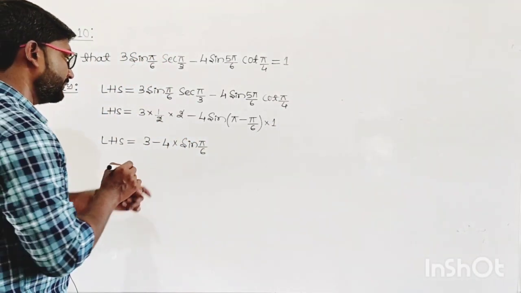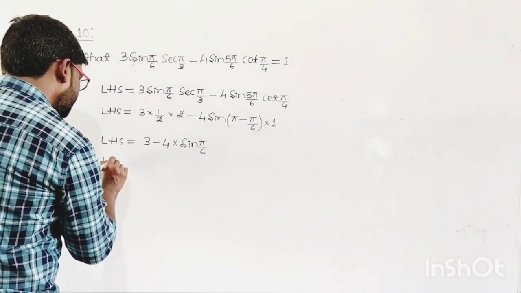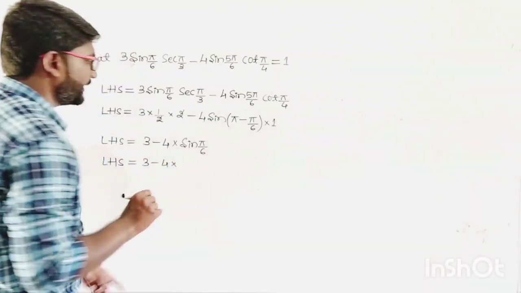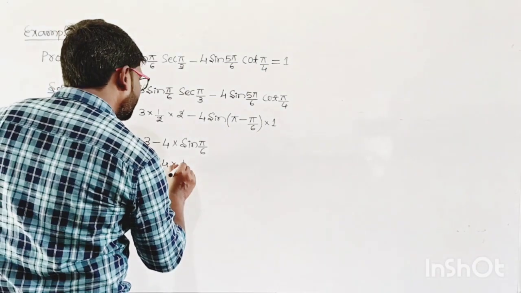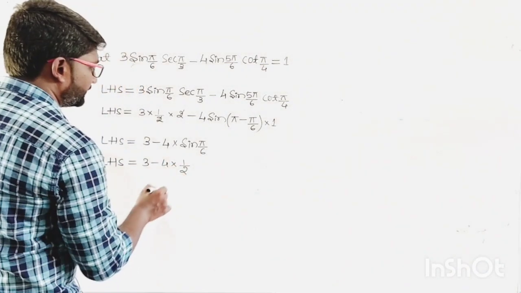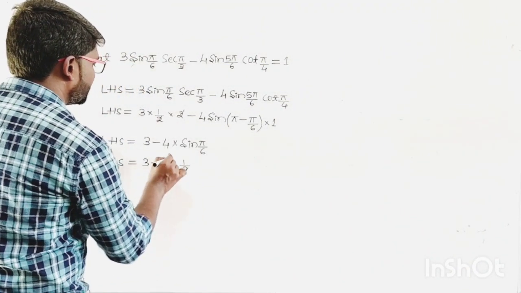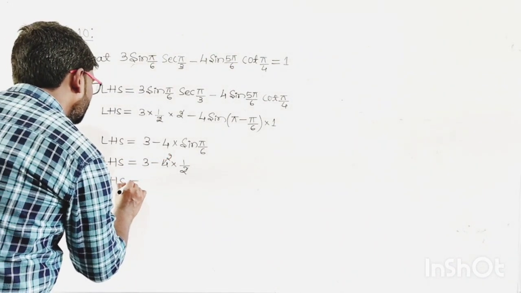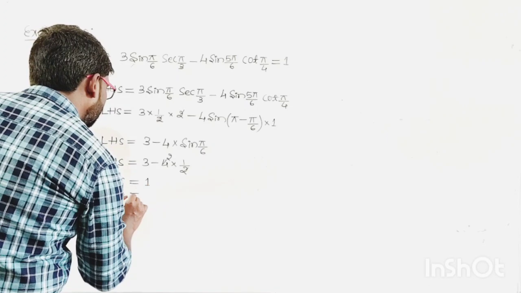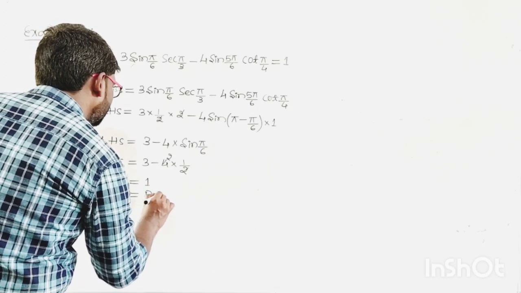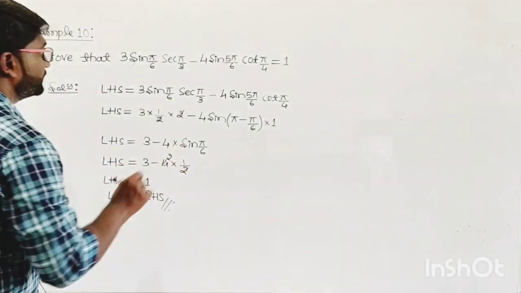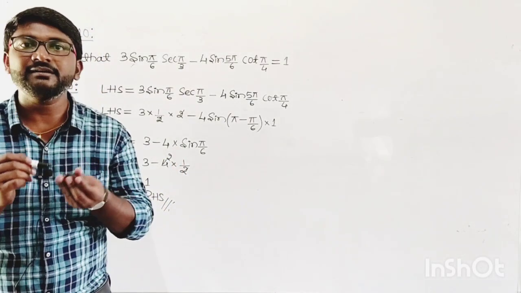So in the next step, LHS is equal to 3 minus 4 sin pi by 6 value, which is 1 by 2. So 2 ones are 2, 2 twos are 3 minus 2, it is 1. So LHS is equal to 1, which is nothing but the RHS. We have got the right hand side. So this is all about example 10.